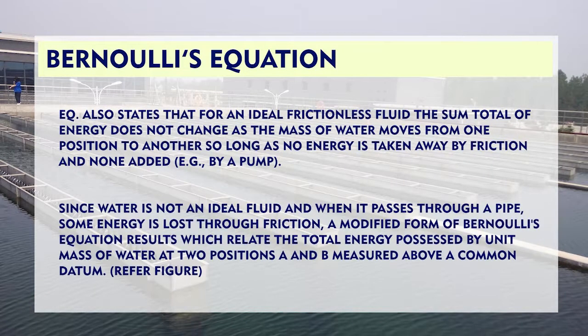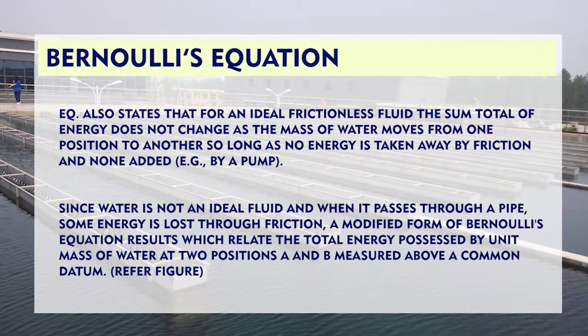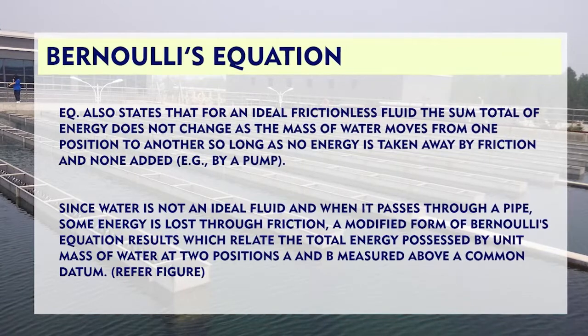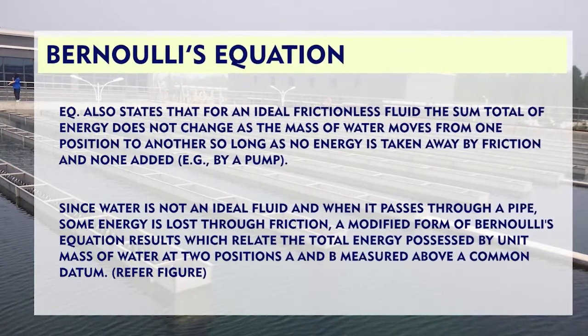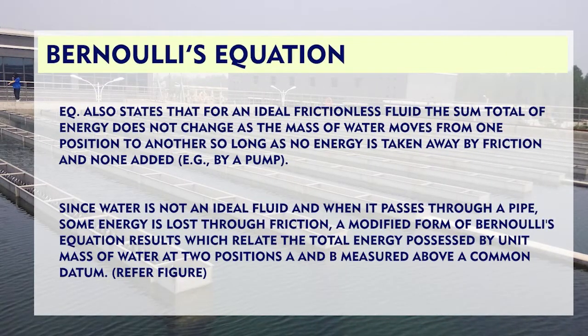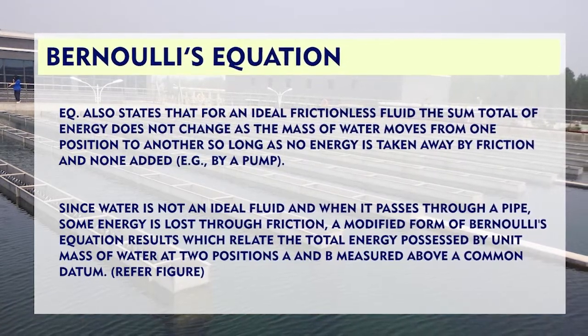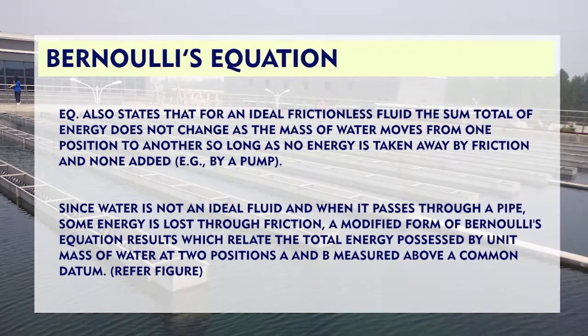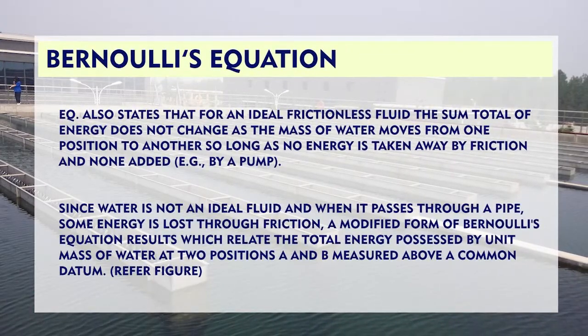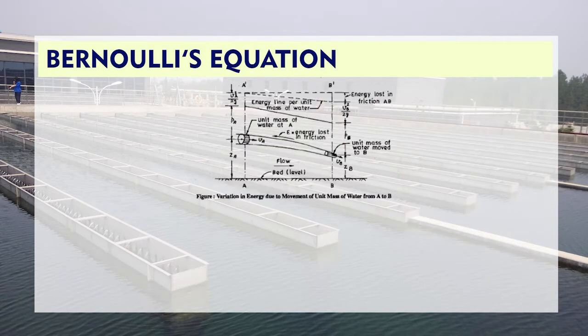Since water is not an ideal fluid, when it passes through a pipe, some energy is lost through friction. A modified form of Bernoulli's equation results, which relates the total energy possessed by a unit mass of water at two positions A and B measured above a common datum. This is shown in the figure.